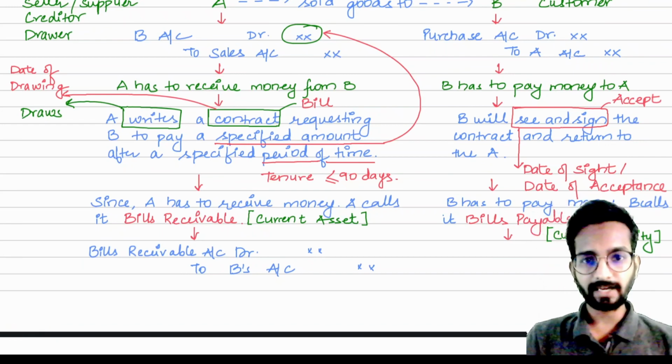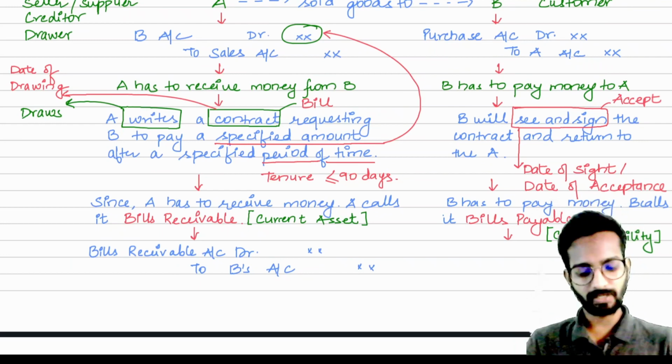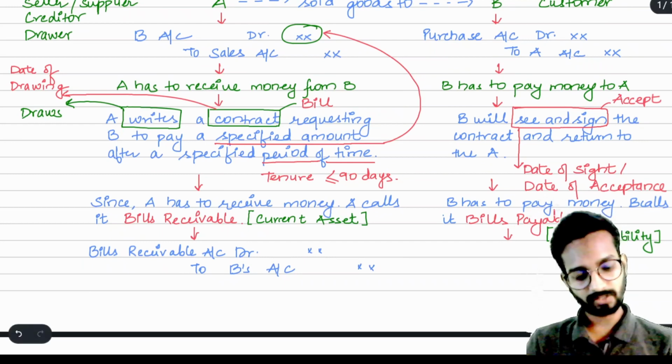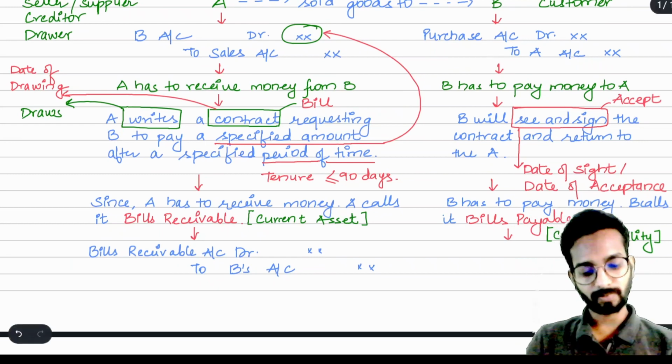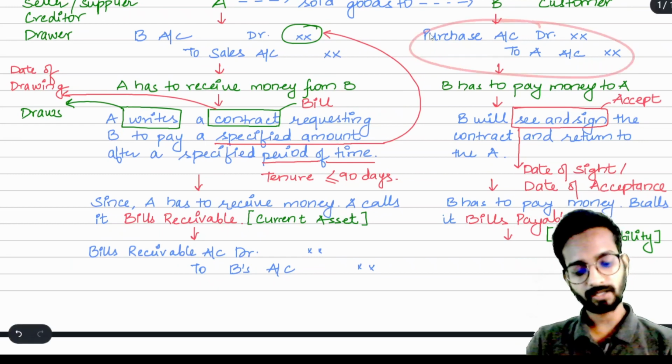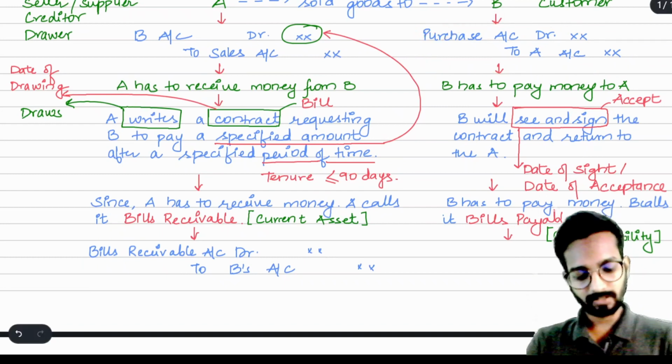Now what can we write? Instead of cash or bank, we have received a bill from B. For us, bills receivable is an asset. Understood this? Now the same thing will apply for B. What will B think? B purchased from A, so he wrote purchase account debit to A. Now if he is making payment to A, what will he write?